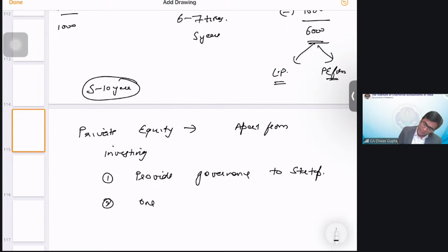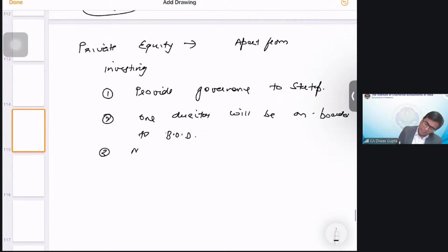One director will be onboarded to the board of directors also, and they will even tend to make decisions for startups. They will even do that as well.